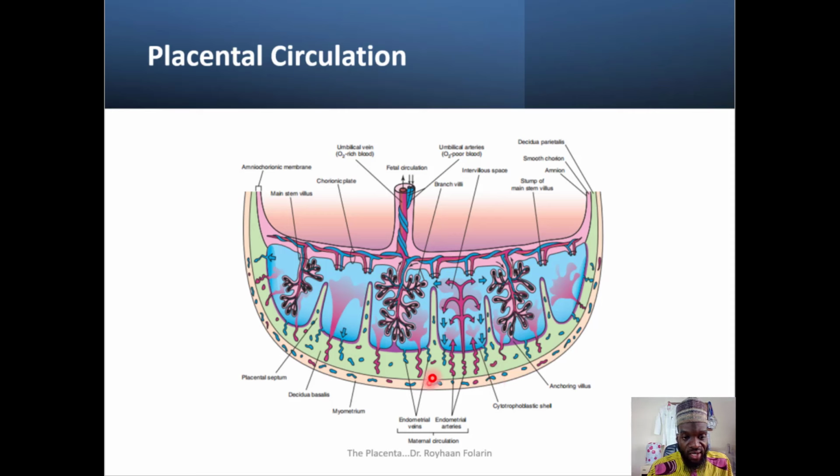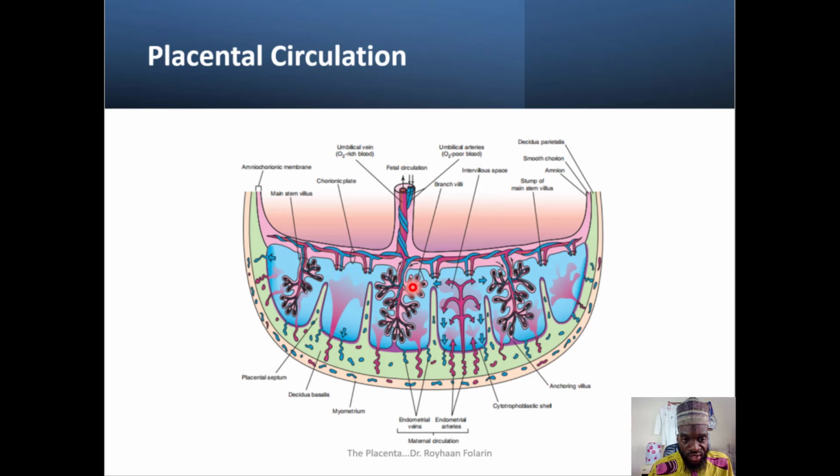So you can see the spiral arteries and the endometrial arteries and the endometrial veins, which aid the maternal circulation. Here is the myometrium, and then you have the mainstem villus right here, which we will see in a more enlarged picture in a minute.